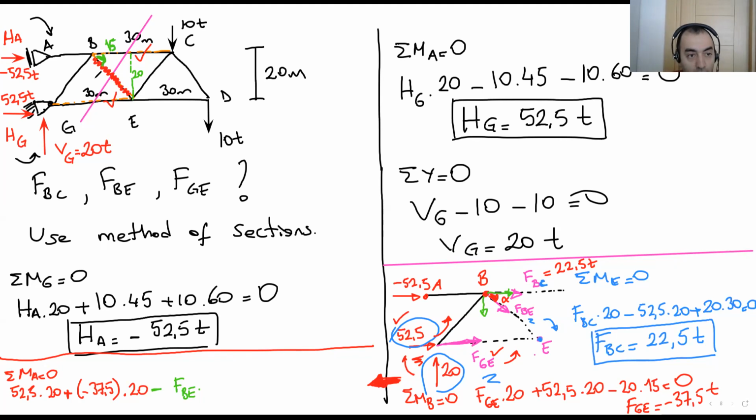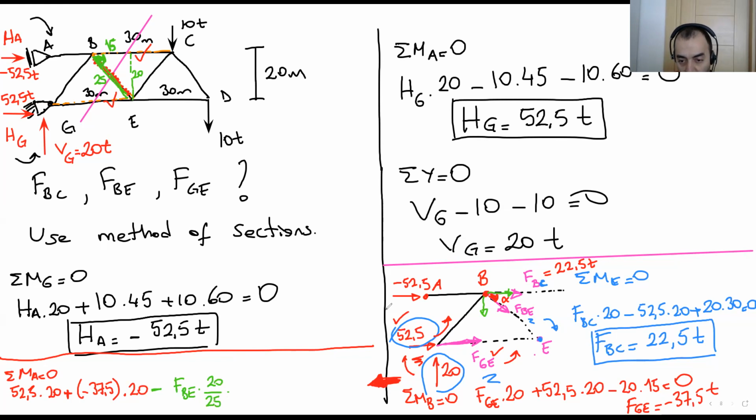Here is 25. This is 25 meter. This is the angle. So what I need, I need the vertical component. That's why it's the sine component. We are going to use sine alpha. That means 20 over 25.